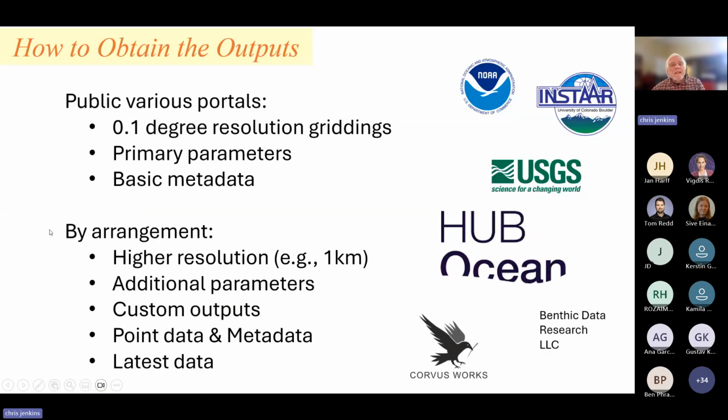All right, how to obtain the outputs. We have a public level and we have a by-arrangement level. The public level is 0.1 degree, and anything with a finer resolution than that, you will need to pick up the phone and call us. And there are actually good reasons for that. Over the years, we've had trouble with pirate fishing fleets trying to get our data, particularly on where the rock reefs are.